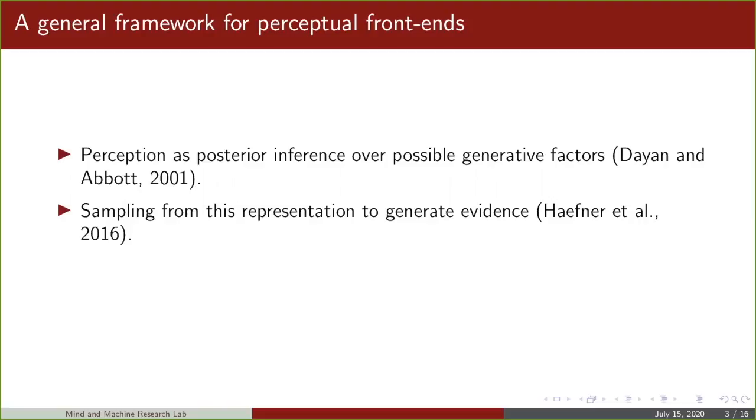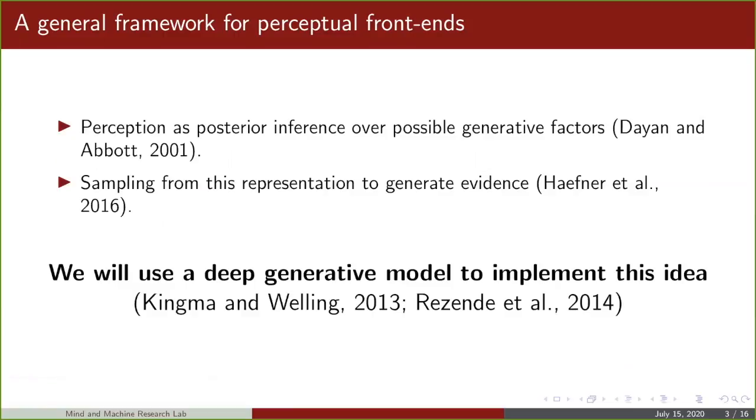Additionally, we should be able to sample from this representation so as to generate evidence in favor of the different decisions that we have at our disposal. Now, we could implement this model in a variety of ways. For the purposes of the present work, we will use recent advances in unsupervised generative models from the deep learning literature.